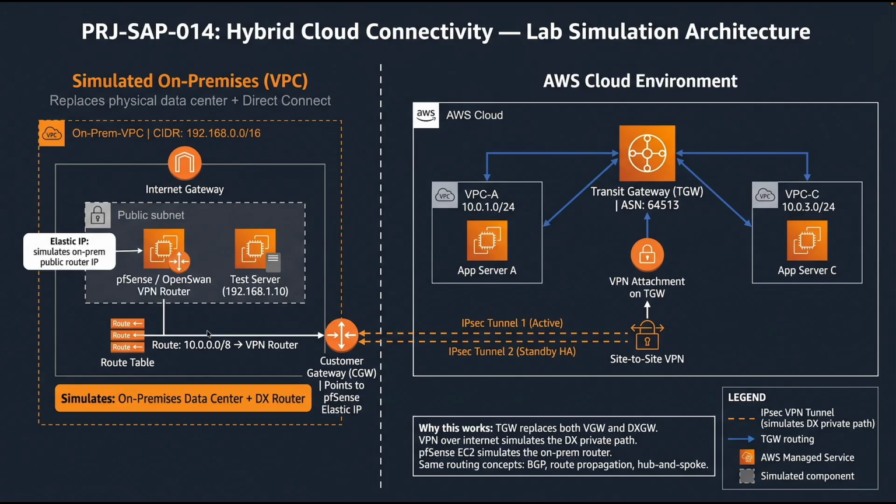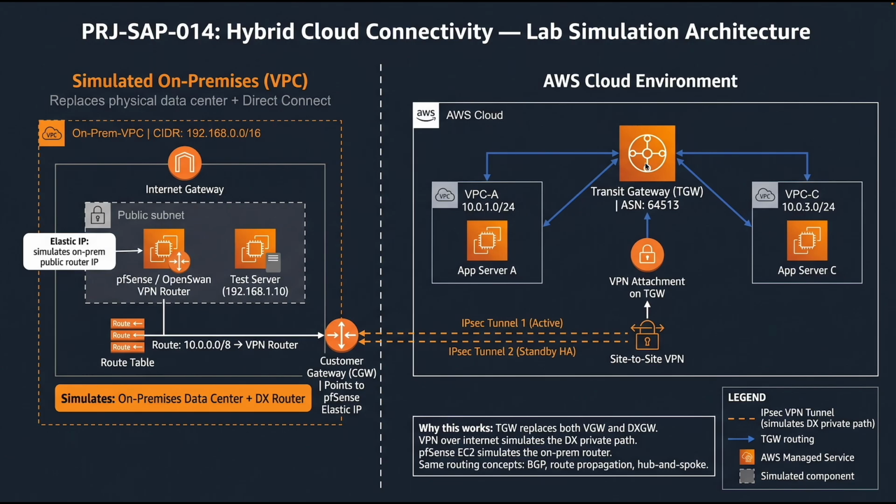So this creates a realistic hybrid network simulation. All traffic is going to pass through this router we're going to be configuring, and then it goes out to the customer gateway.